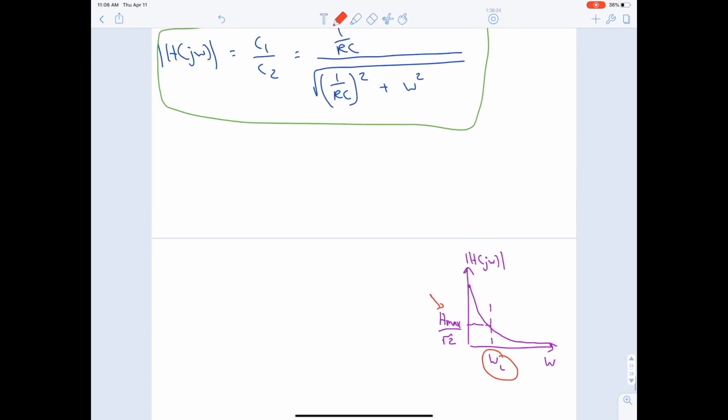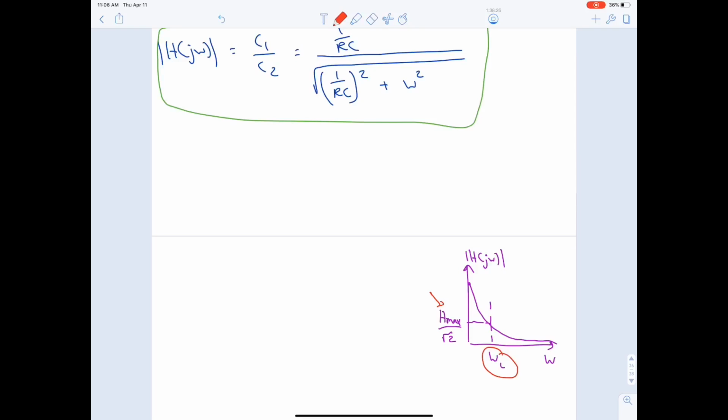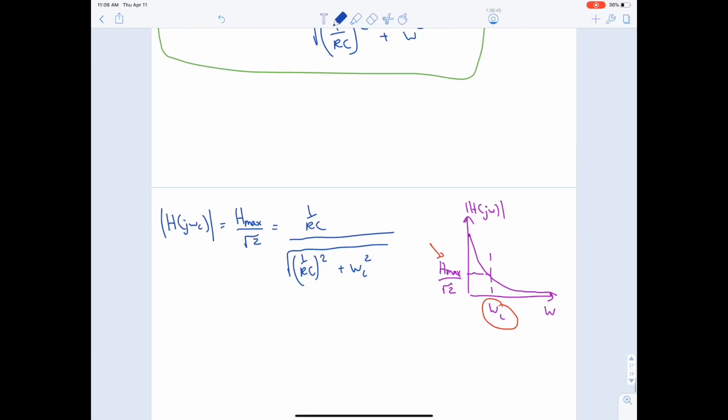Okay, so here we're going to say that the magnitude evaluated at omega C is equal to Hmax divided by root 2, which is equal to 1 over RC divided by the square root of 1 over RC squared plus omega C squared. Okay, Hmax is 1.